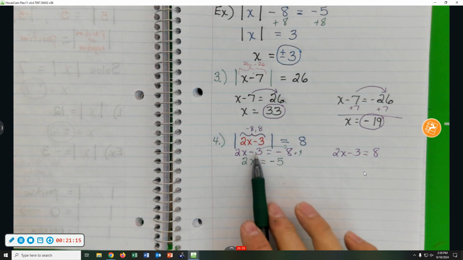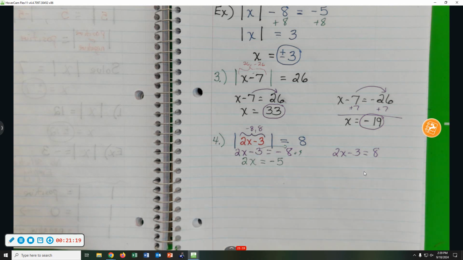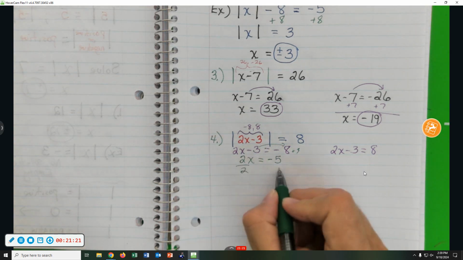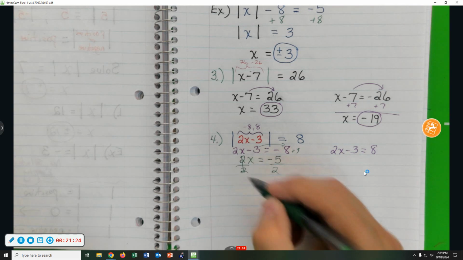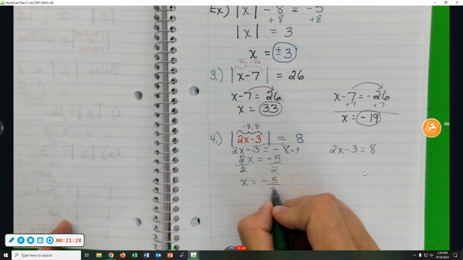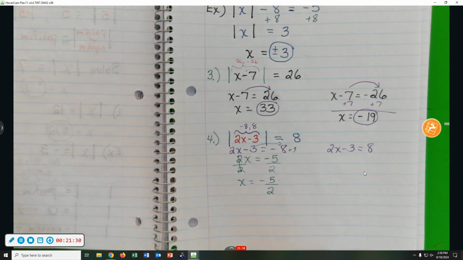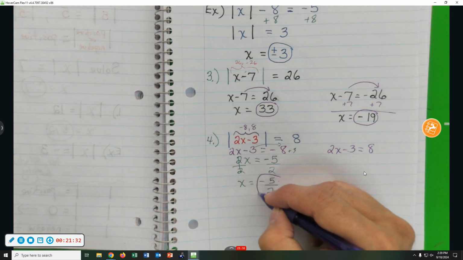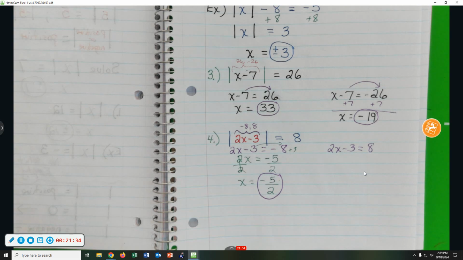Isn't adding 3 what we need to do to get rid of that? Yes. And then divide by 2. So negative 5 over 2 is the first answer I got. The way I've worded it, the first answer I got, the order here doesn't matter. Okay.